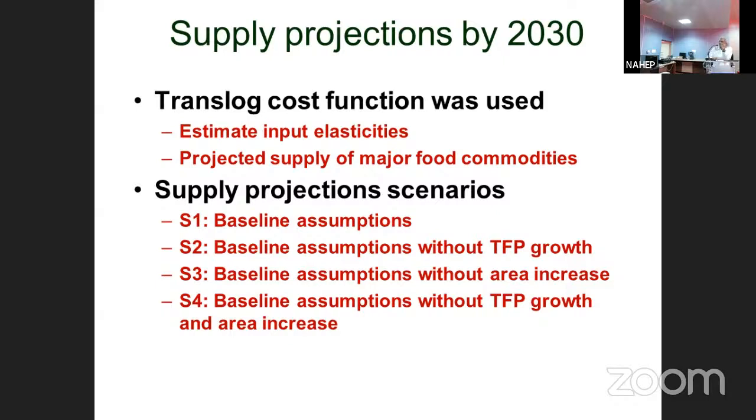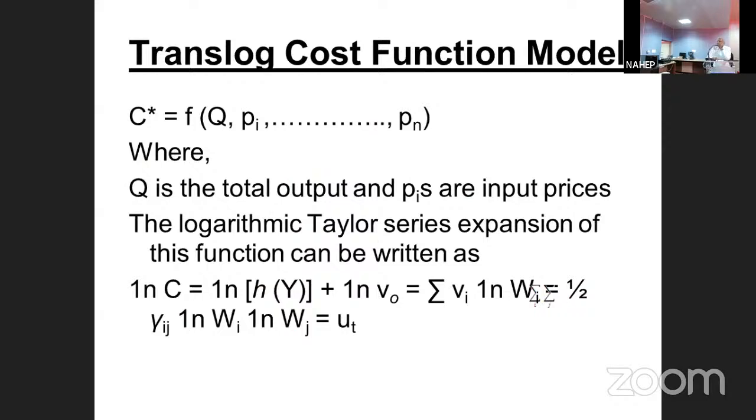Then we can use baseline assumptions: with TFP, without TFP, without acreage, or you can have some other assumption. Now, this is the translog function. What is the translog function? Cost is a function of output and the prices of inputs. This is the translog.